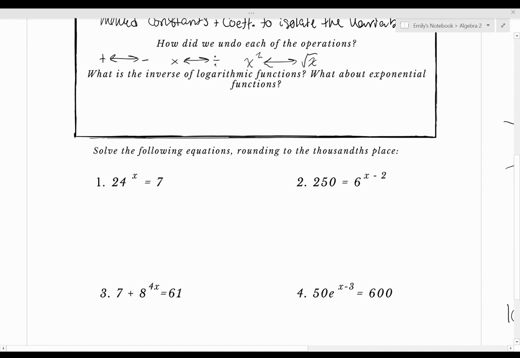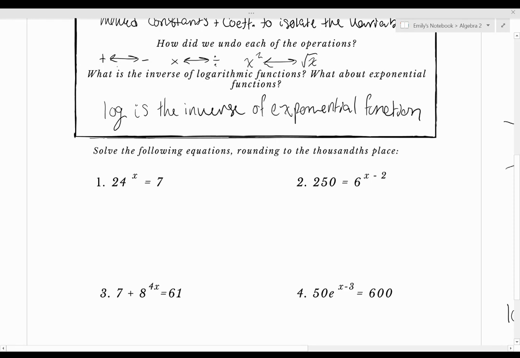So we can say a logarithm is the inverse of exponential functions.